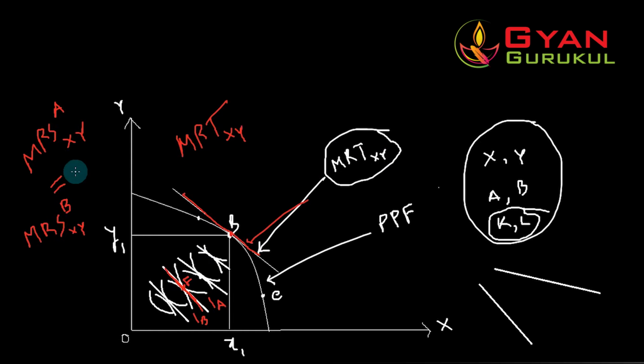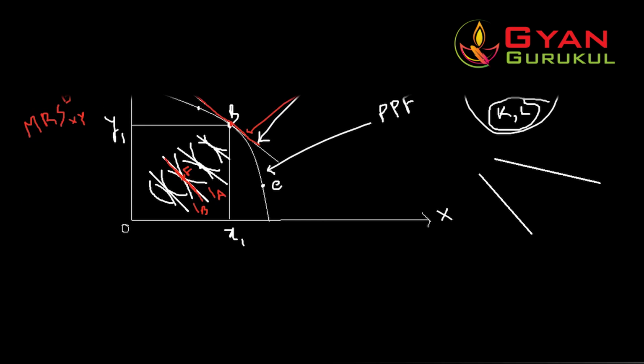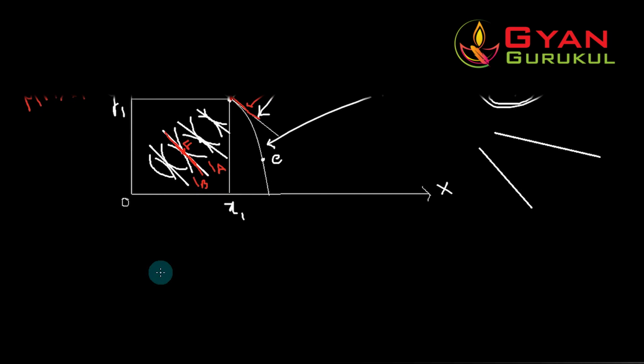B. Okay, so from all these we got a criteria. What is this criteria?